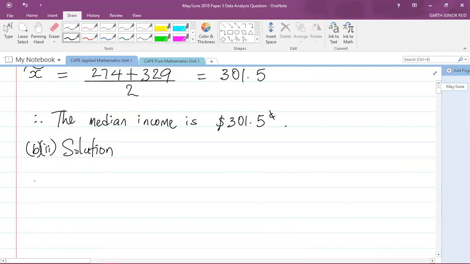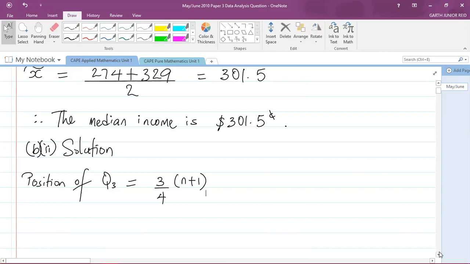Before I can get the actual upper quartile, I'm going to find the position for it. The position of the upper quartile, Q3, is equal to 3 out of 4 multiplied by n plus 1.